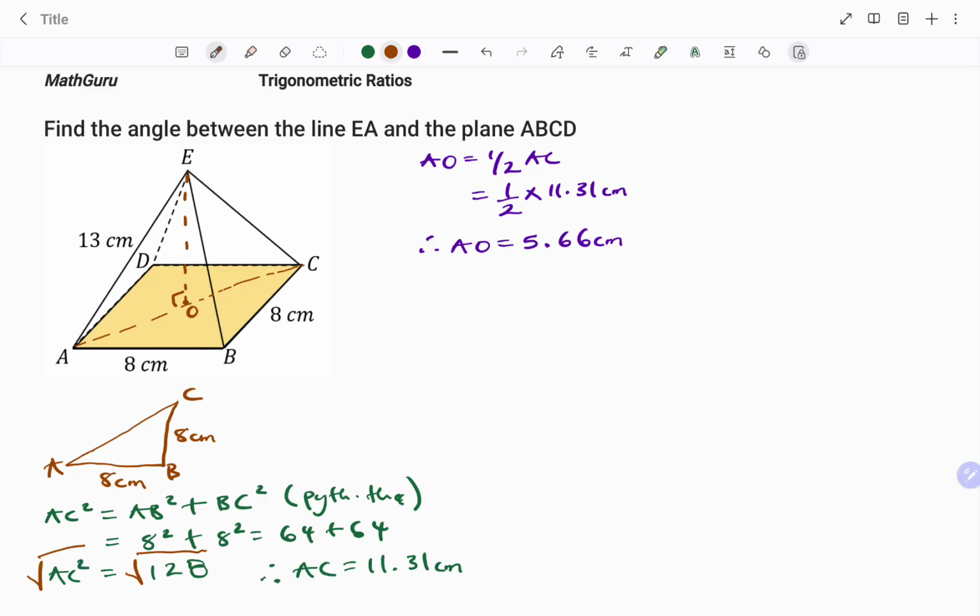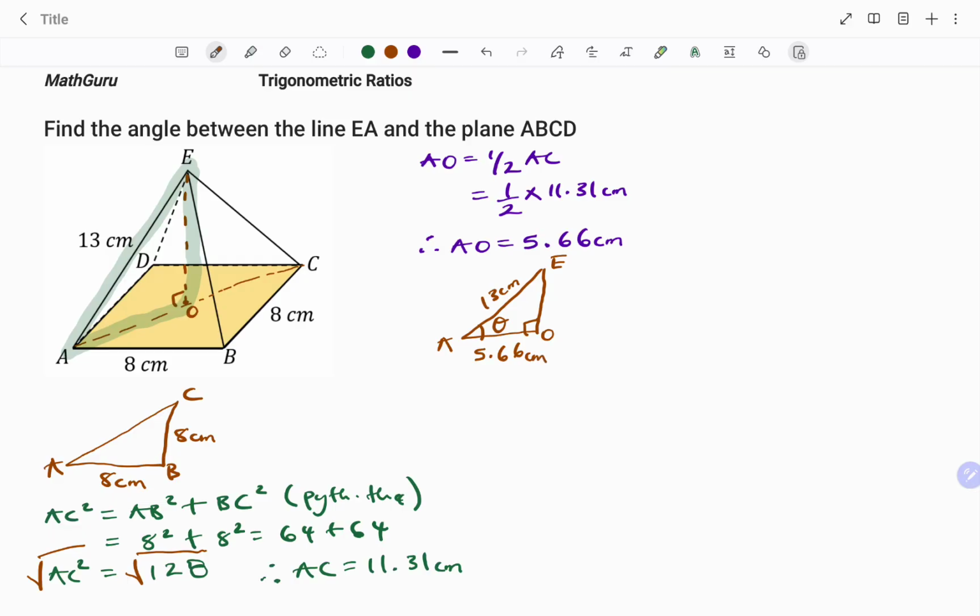If I draw the new shape, I'm going to use the triangle EAO as shown. That is a right angle triangle because I drew EO perpendicular to the plane. So I have my O, my A, and my E. I'm looking for the angle of EA to the plane, I call that theta. AO I calculated as 5.66, and then I have AE giving us 13 centimeters.